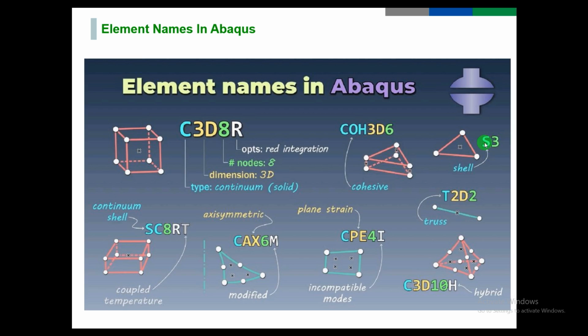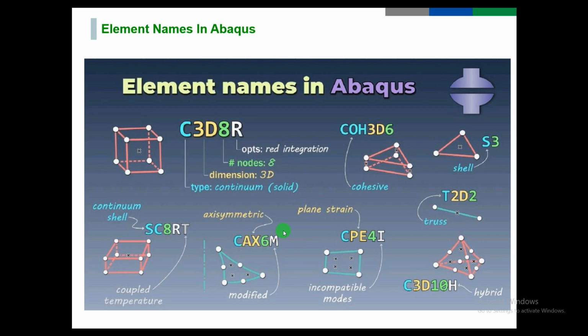Four is for cohesive elements in 2D, like COH2D4, or linear tetra, like C3D4.